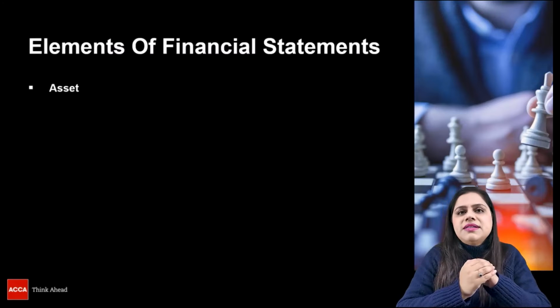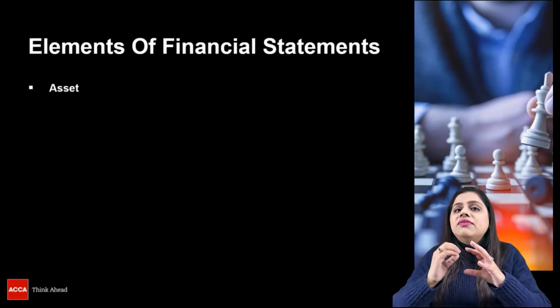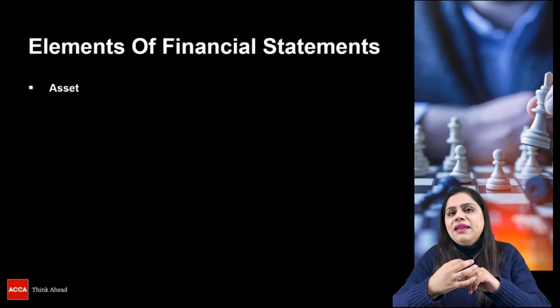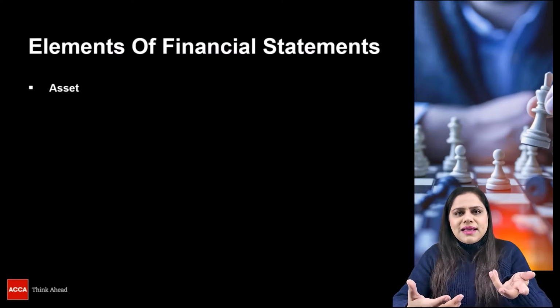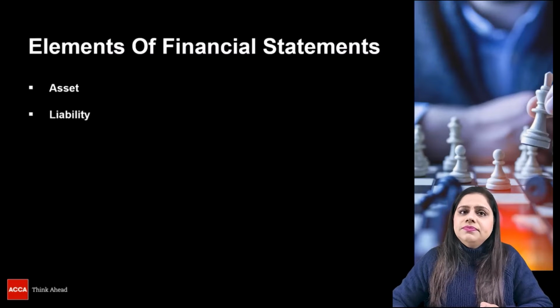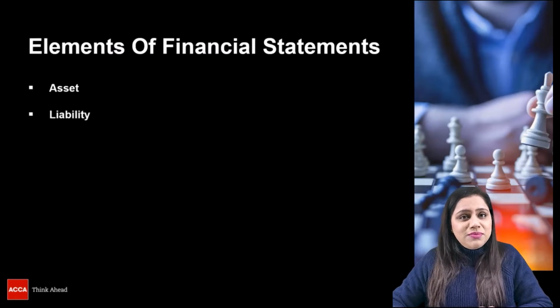I'm talking about the debit side. So we have a debit side and we have a credit side. Both items are going to be through some element of accounting. So what exactly are these elements of accounting? The first one is the asset. The other one is the liability. We know these words, we've heard them before.